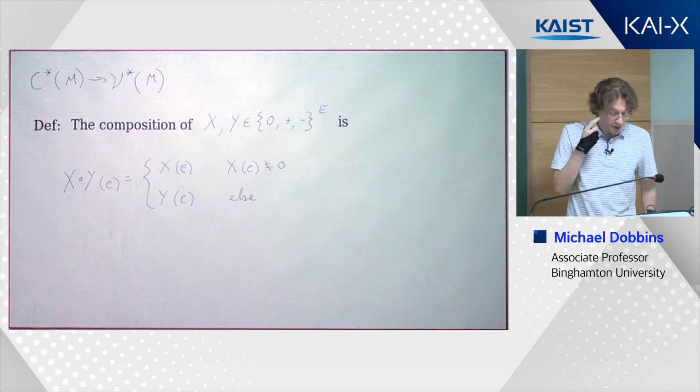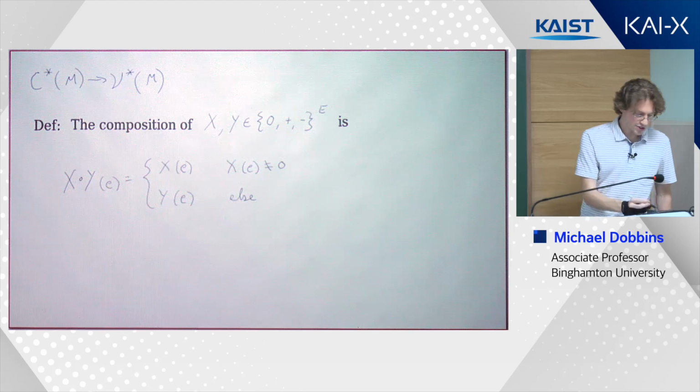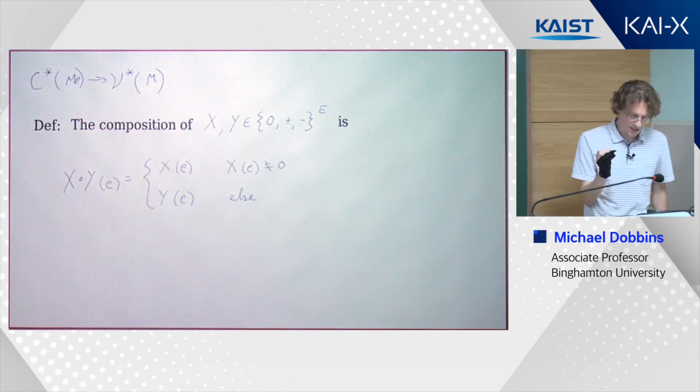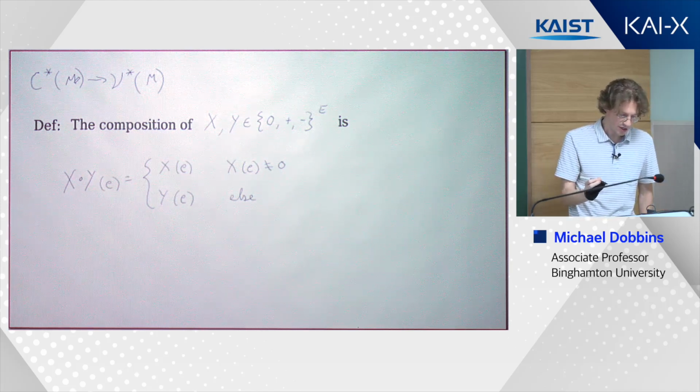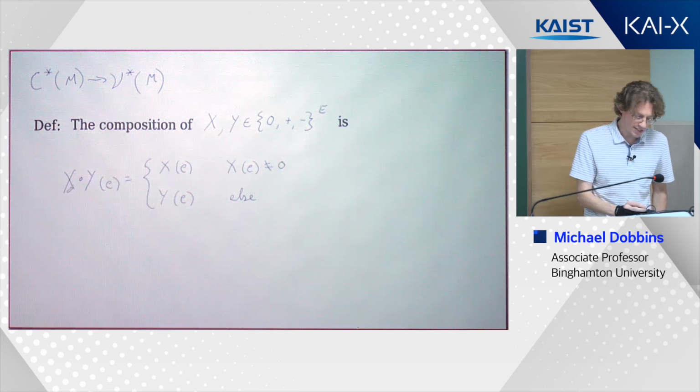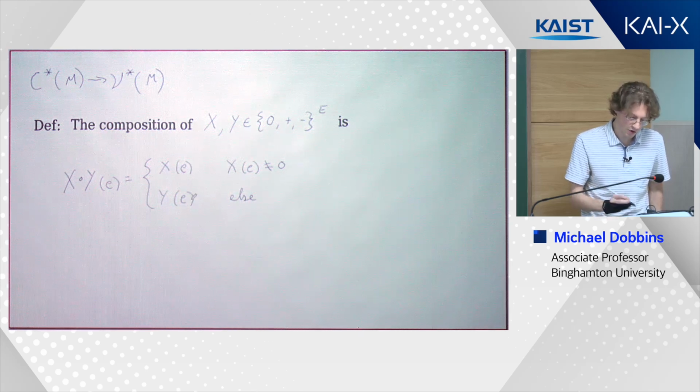Another question is, how can we get the covectors from the cocircuits? We can get this using an operation called composition, where we take one sign vector and compose it with another: we take first the sign of the first one, unless it's 0, and then we look at what the second one is.